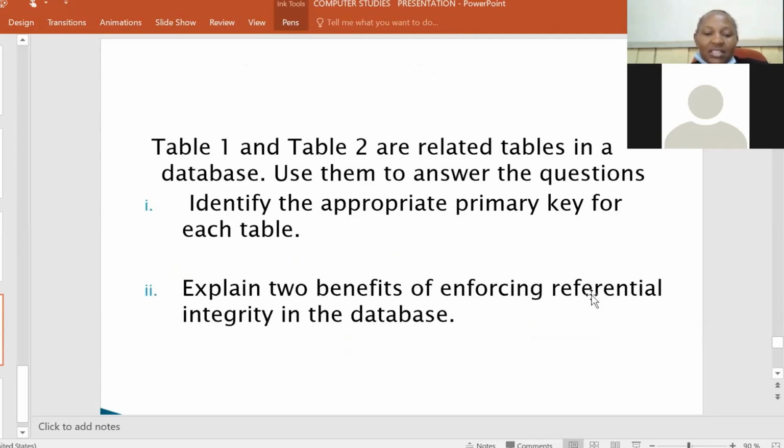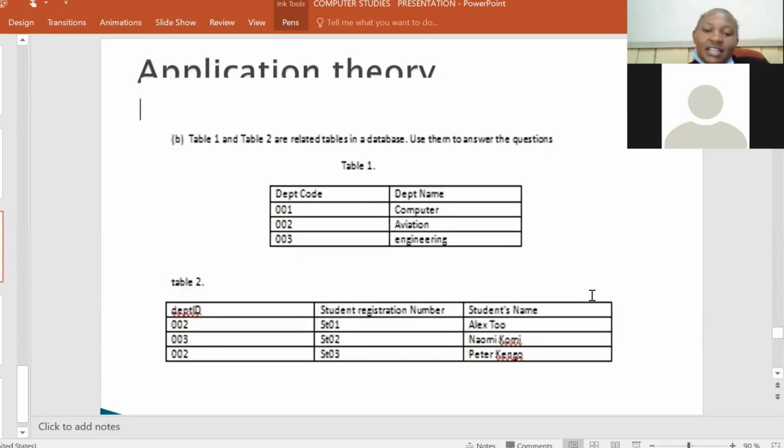Then the other question is like, for example, you are told to explain two benefits of enforcing referential integrity. When you are relating the two tables, that is the department code and then the department ID, the department code in table 1 is the primary key, and when you look at these two tables, table 1 is the primary table, and table 2 is the child table to table 1.